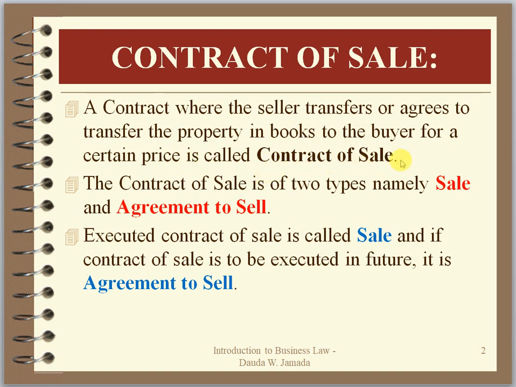Meaning that if you as a seller agree to transfer the things you are selling in your shop or in your business to a buyer, and the buyer is going to pay you a particular price for those goods, then it is what we refer to as a contract of sale.